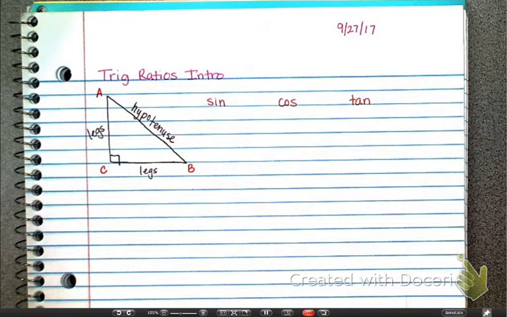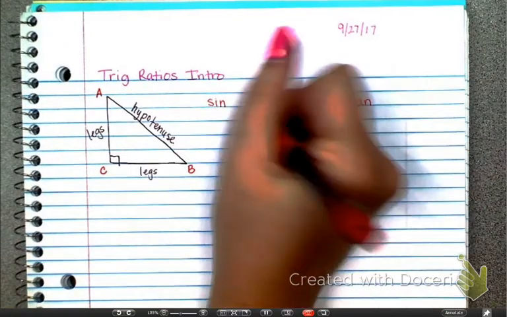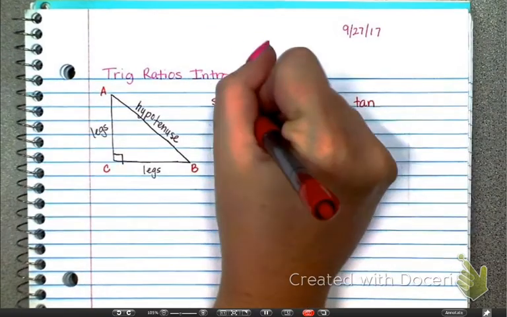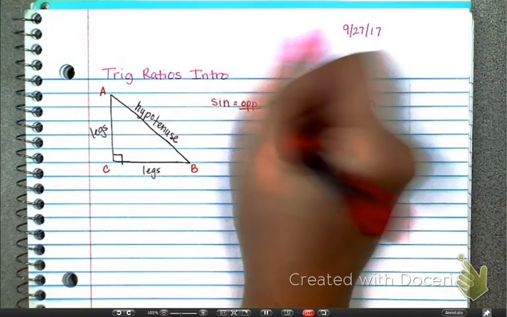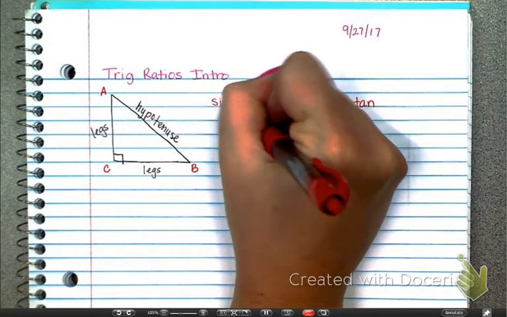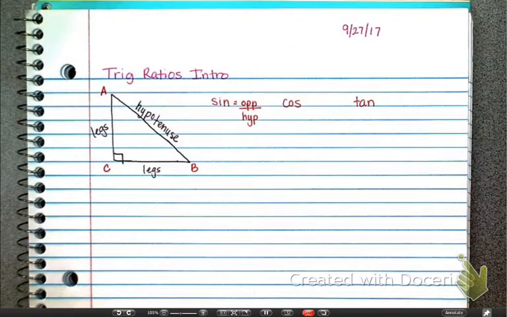Now the video told you how to set up the ratio, whether you caught it or not. For sine, it is the opposite side over the hypotenuse. So the opposite over the hypotenuse. We'll talk about that in a second.